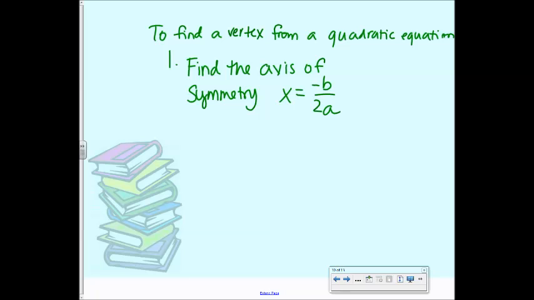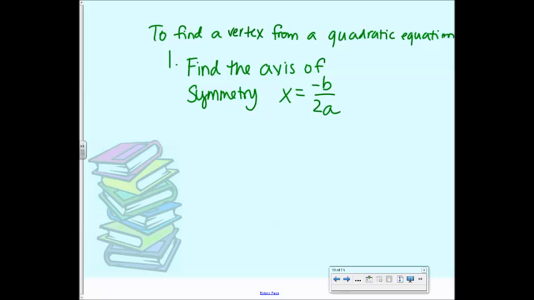That's our x value. So what do you think I could do to find the y value of our vertex then? If I have the x and I need the y. If I have an x and I need a y, what should I do to find the y? Yeah, just plug it in.